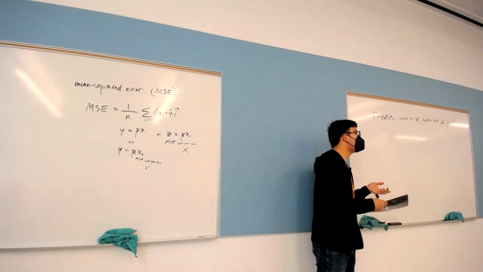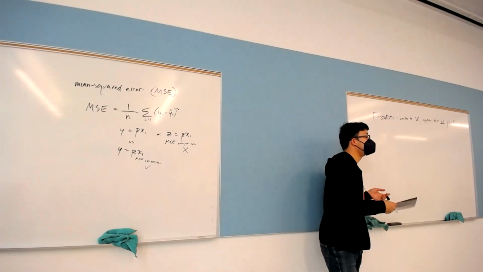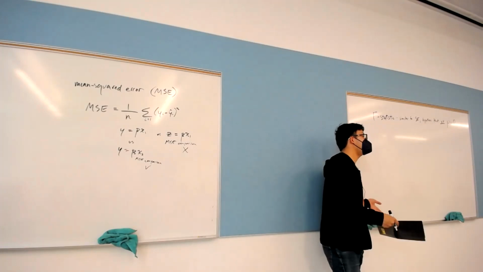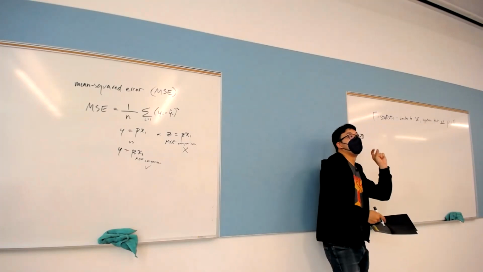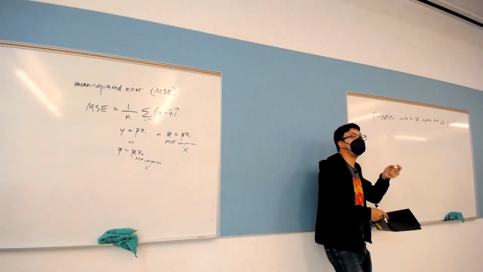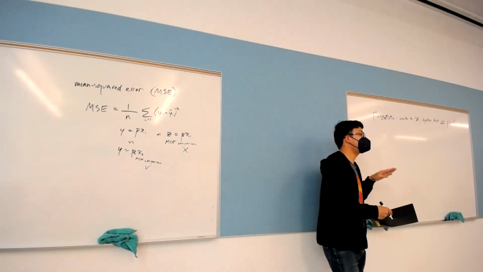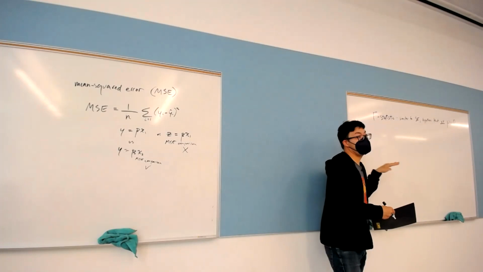Okay, so if it's statistically significant, we reject that hypothesis because we say, actually, only a really small percentage of the time do we actually think that the slope of the line is 0.